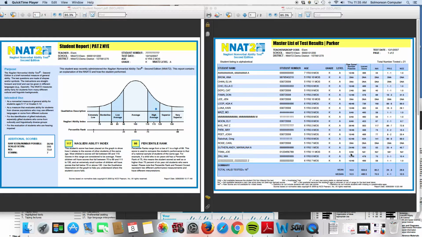Sometimes there will be multiple measures that a school uses, but I want you to identify which students would be considered for gifted, and then I want you to identify students that you think further assessment might need to be done.